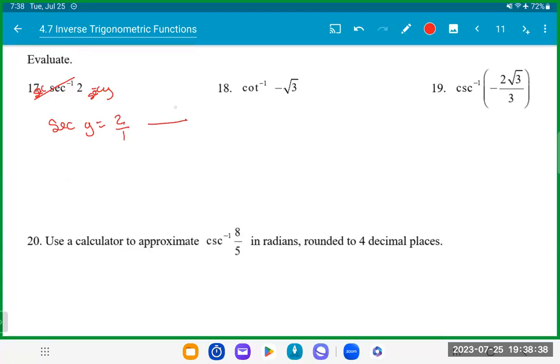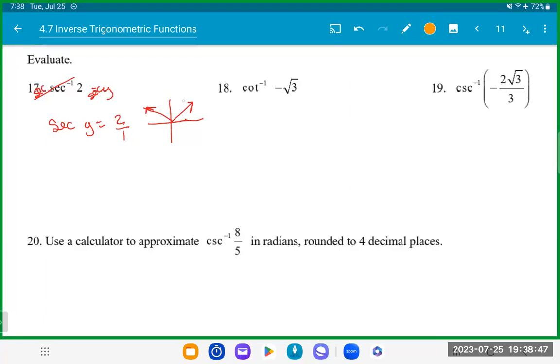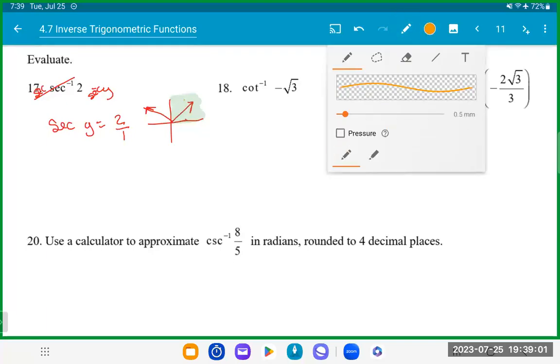So it's positive in the first and the second quadrant. So we'll want to choose the one that's in the first quadrant, based on our domain for it.